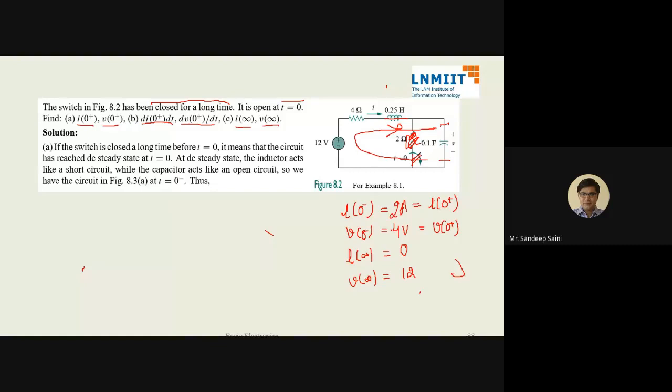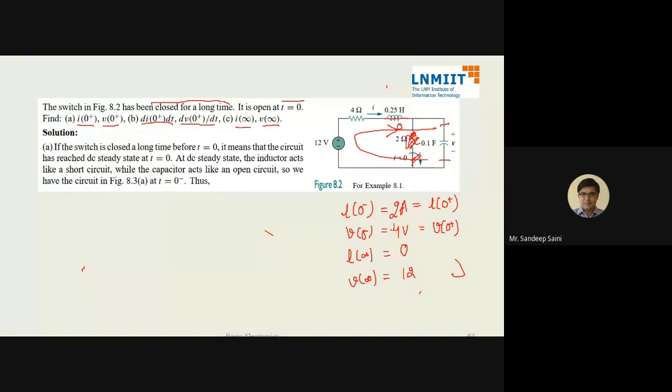Any idea, anyone, how do I calculate di by dt at 0 plus or dv by dt at 0 plus? Sir, we will take the capacitor as short circuited. Okay, why? Sir, because at 0 plus the charge on the capacitor won't change instantly, because the current will not be infinite.